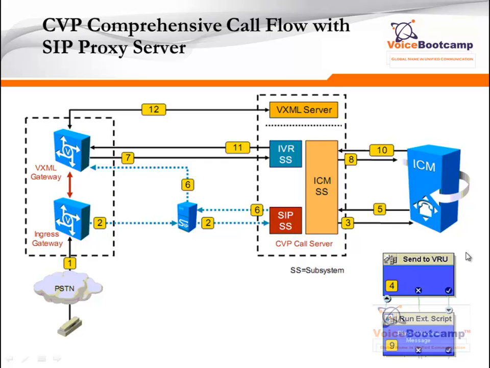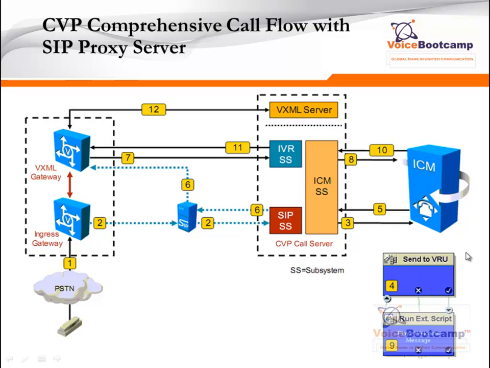Now, once the ICM receives the request, it will execute a routing script based on the number that the user dialed and other criteria. In this scenario, if you take a look at step number 4, where the send to VRU component is being executed, the ICM routing script will utilize the send to VRU node to return a label to the SIP service.